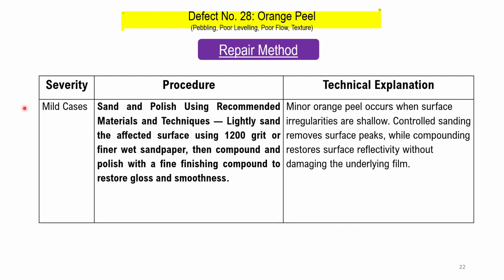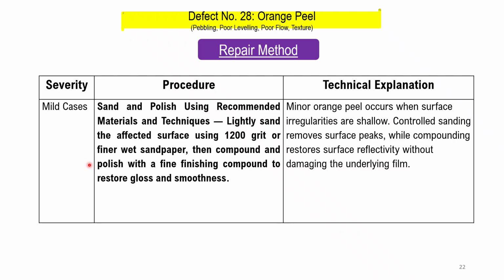Now coming to the mild cases, sand and polish using recommended materials and technique. That is, lightly sand the affected surface using 1200 grit or finer wet sandpaper. Then compound and polish with a fine polishing compound, finishing compound, to restore gloss and smoothness.